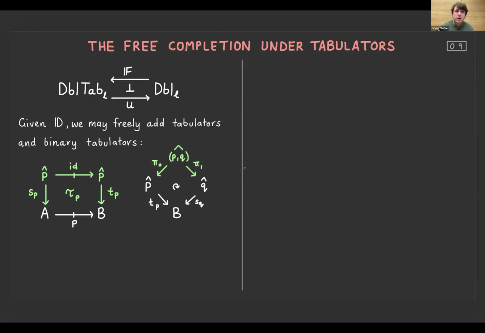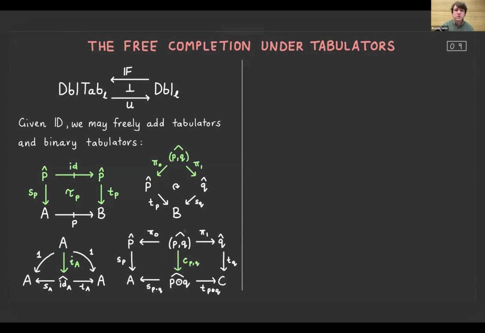Then we also need to have binary tabulators. So for each left projection and right projection, we need to add something which is acting like the pullback of these things. We need to have the universal property of the tabulators behaving as we expect it would. So we need unique morphisms into the tabulator identity, which satisfies these diagrams. We need something which goes from the binary tabulator to the tabulator of the composite of those things.